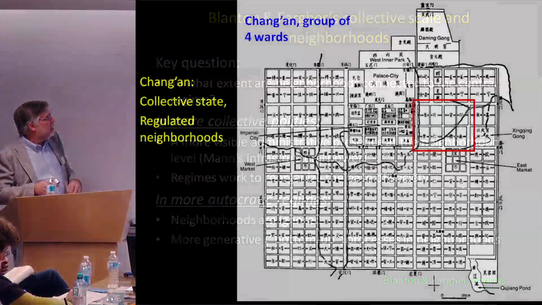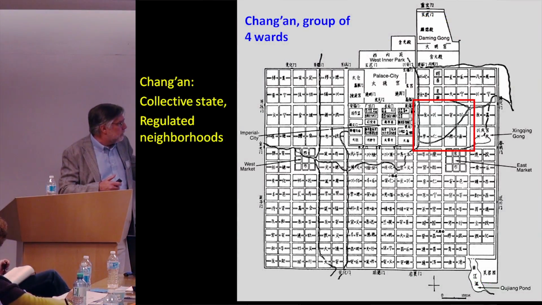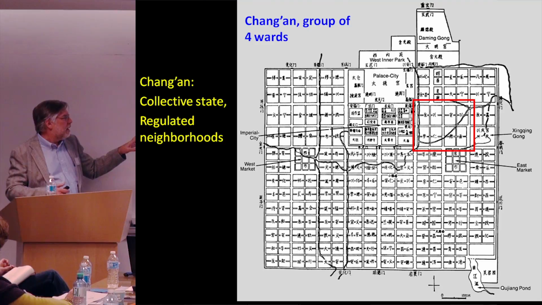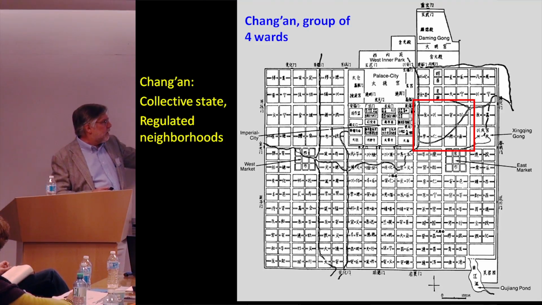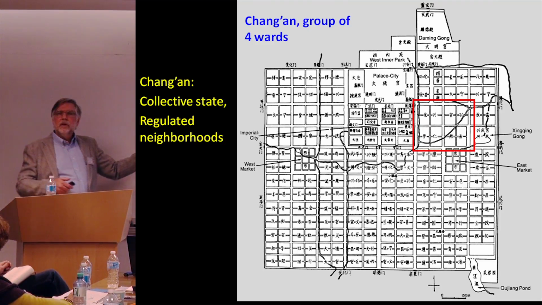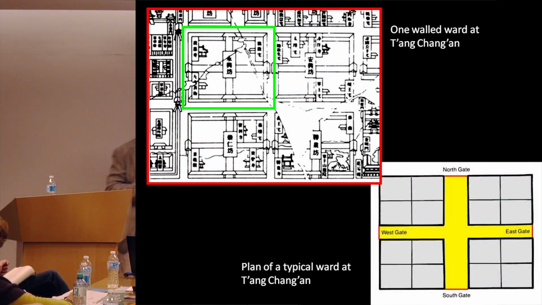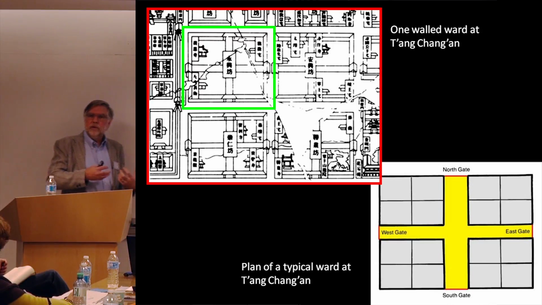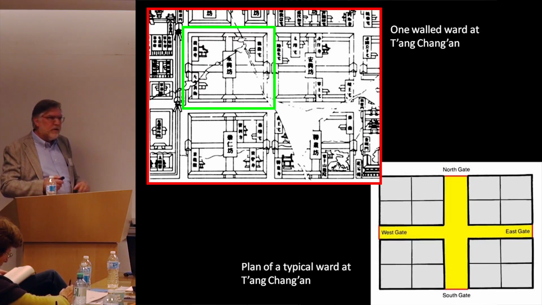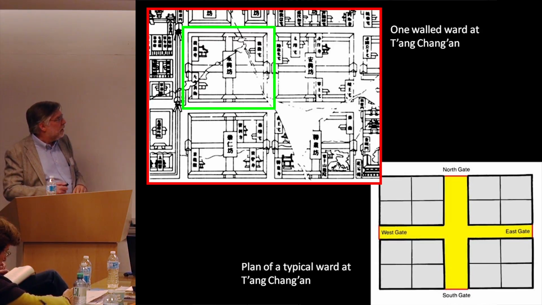Just to give an example here, Chang'an, in Tang period China. This was a fairly collective state. Neighborhoods were heavily regulated. You have these neighborhoods, they had gates, they had officials that watched the gates. You can't go out at night, you can only do this, you can't sell goods outside the marketplace. All these sort of regulations regulating what went on in the city. Not because they were heavily despotic, but because they were more collective.